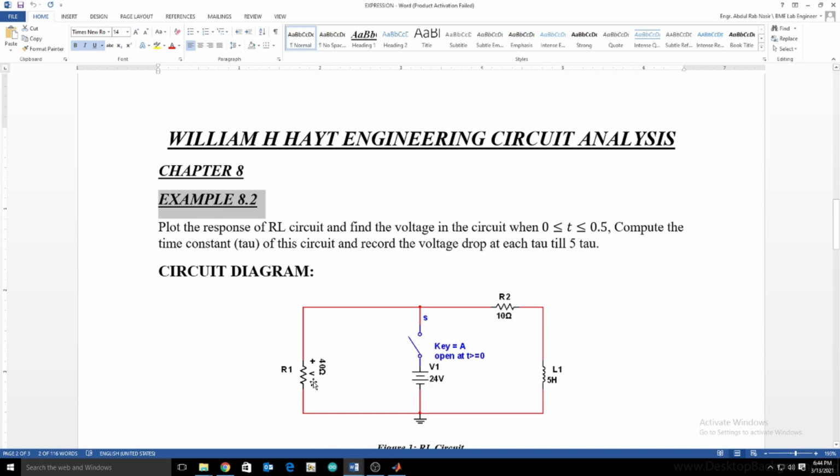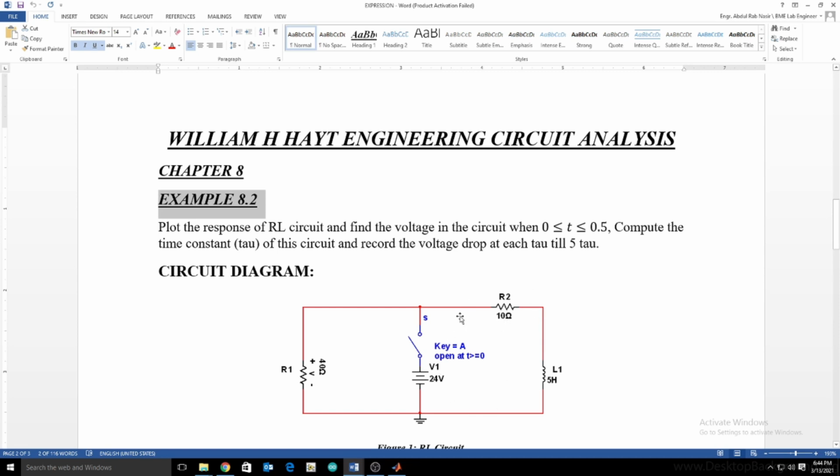And we all know that an inductor acts as a short path in a DC circuit. So when the switch is closed, it acts as a short path. So we can find the current in this path when the switch is closed. You can see that this resistor and this resistance become parallel. In parallel you already know that current distributes and voltage remains the same.